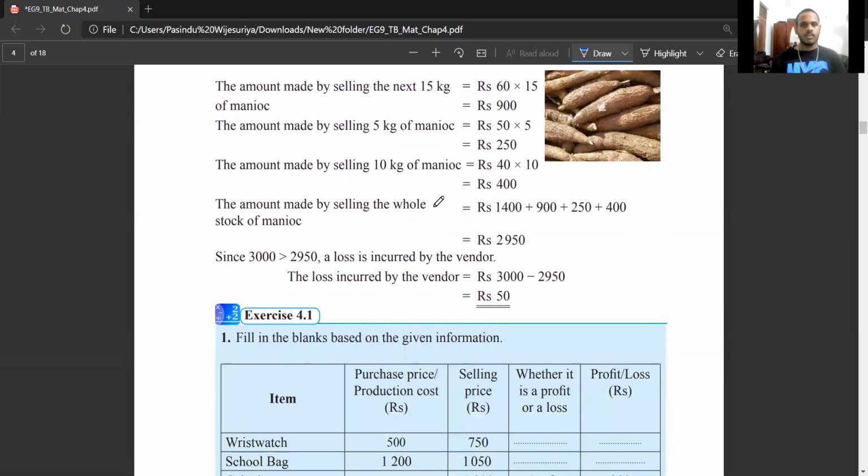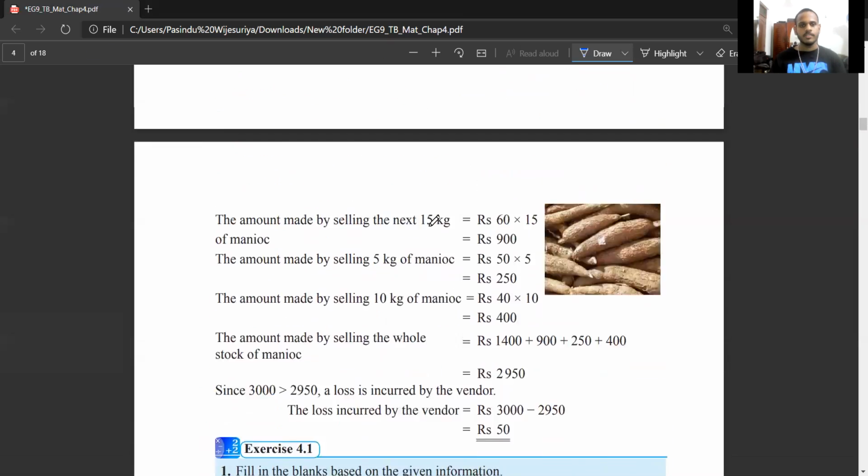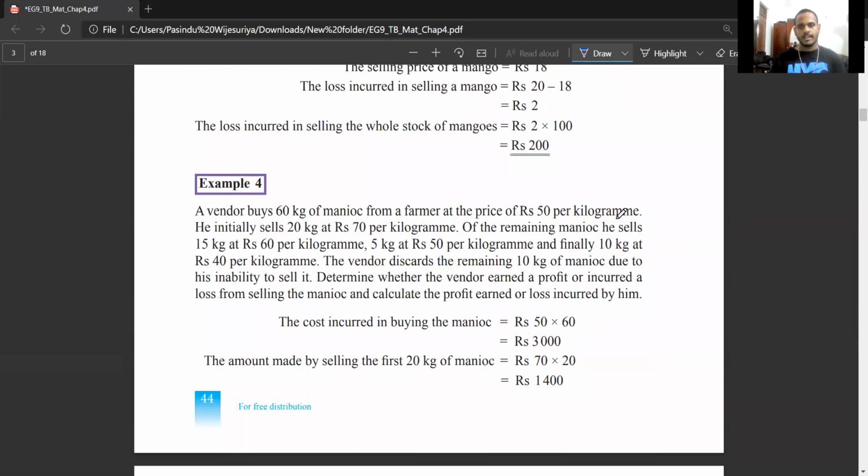Then we will be moving on to a bit more complicated sums. In a situation like this, they are talking about different products. You buy 60 kilograms of manioc for 50 rupees per kilogram. This is the same product sold in different quantities for different prices.